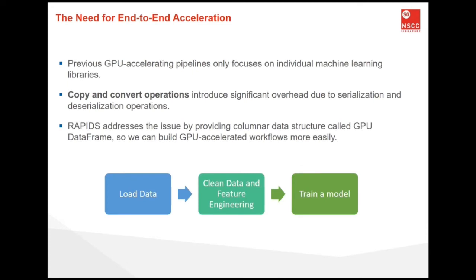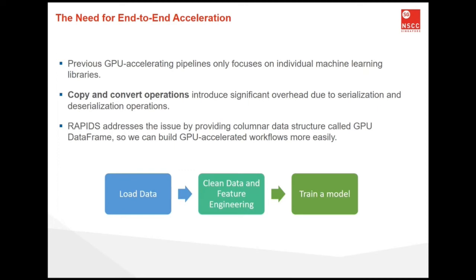Let's talk about the need for end-to-end acceleration. GPU acceleration of classical machine learning algorithms, such as gradient boosting, has already become popular. However, previous efforts at GPU accelerating data science pipelines have focused on individual machine learning libraries and not other crucial interconnecting pieces of the pipeline.